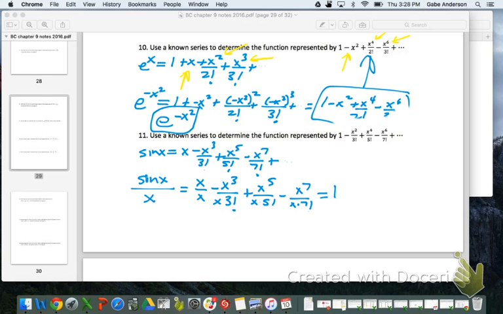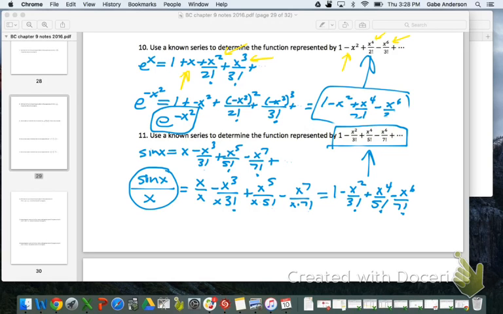We end up with 1 minus x squared over 3 factorial plus x to the fourth over 5 factorial minus x to the sixth over 7 factorial. And you can see that it matches. This matches with this. And so this series that we were originally given is representing sine of x over x. So this would be your answer right here, sine of x over x.